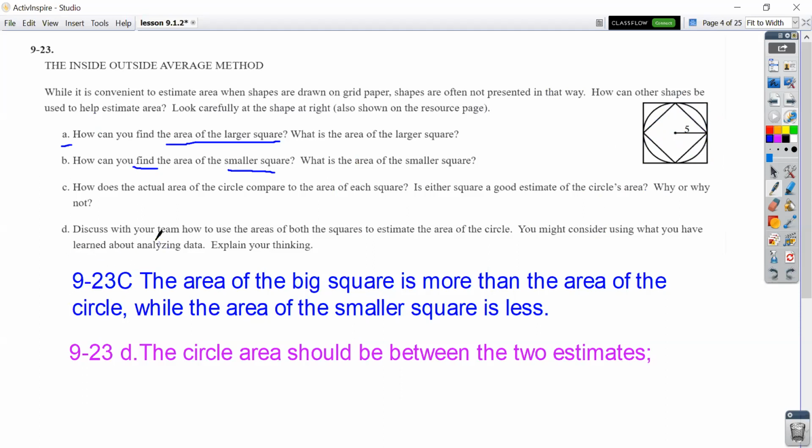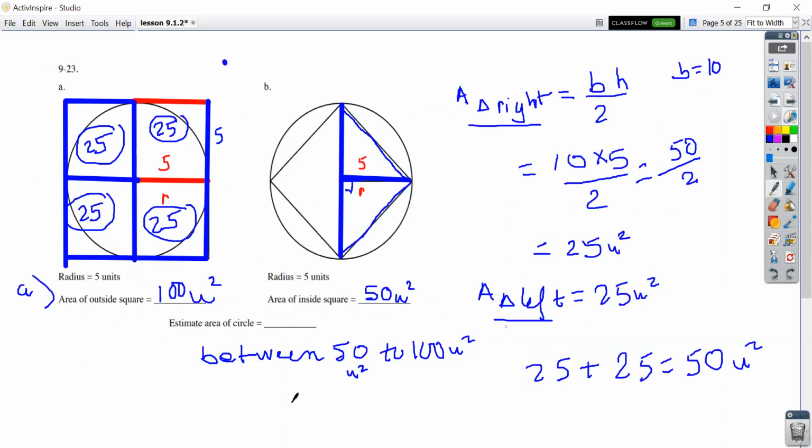Question C. We don't have our team to discuss, so let's try to see the circle area should be between, again, back to question A and B. It should be between 50 to 100 square units. So it should be about 75 square units, okay? Yes. All right, let's move on.